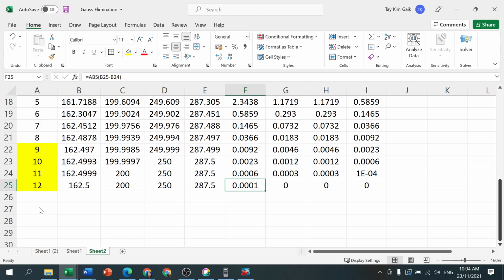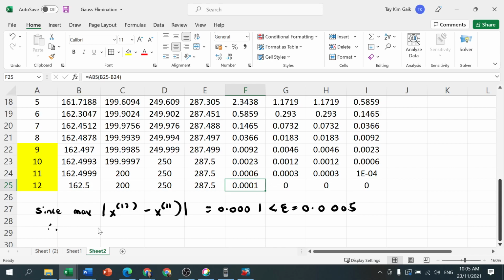So if you perform this using Excel, you can write at the bottom, no need for the words, just Excel. So since the maximum of vector x12 minus x11 is 0.0001, less than epsilon equal to 0.0005, hence your solution x is equal to x12.